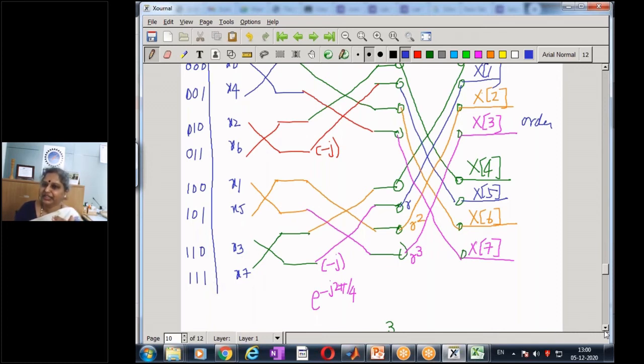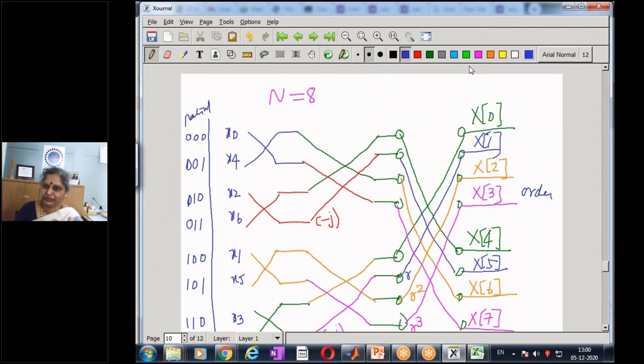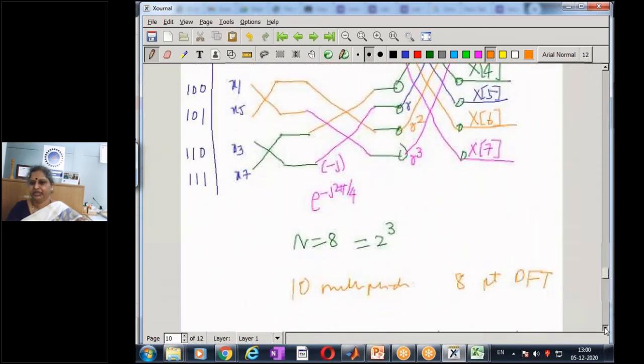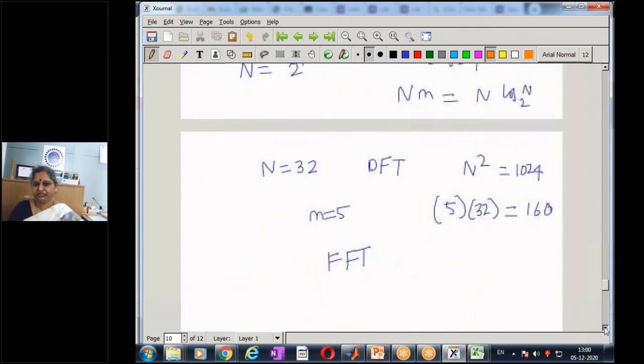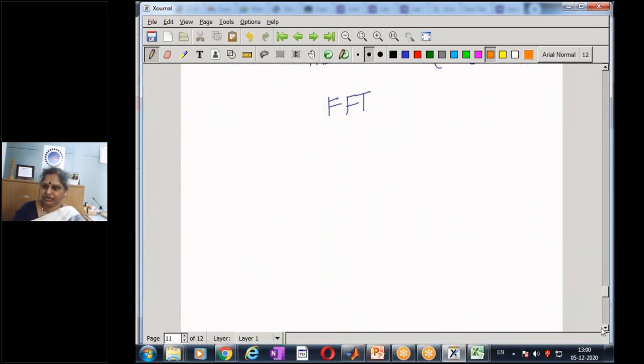So what we find is the input to the algorithm is in the bit reversed order. Whenever I have to compute a DIT FFT algorithm, this is applicable for any n.